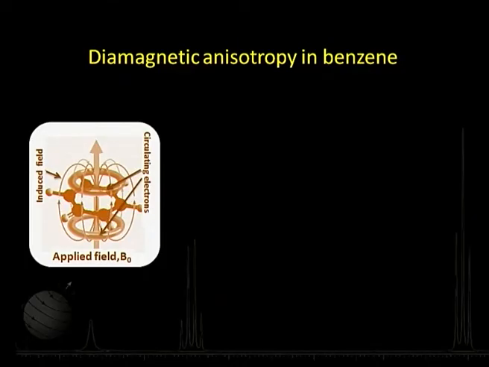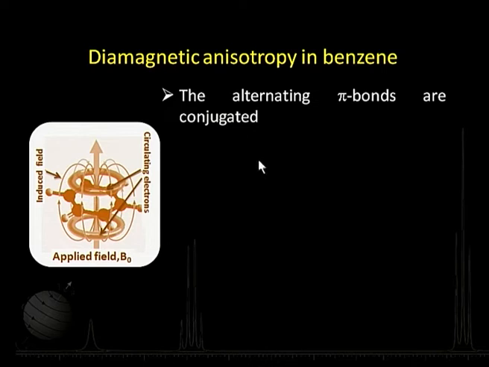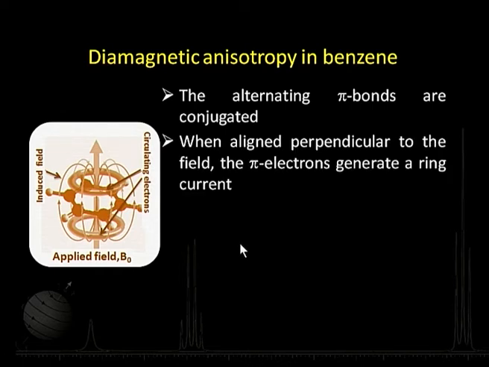Okay. Let us move further and take up a very important molecule, that is benzene. In case of benzene, we know that it is a flat molecule and the alternating pi bonds are conjugated. As a consequence, what we have is a cloud above the plane of the molecule and below that, and when such a molecule is aligned perpendicular to the applied field, these pi electrons generate a ring current.